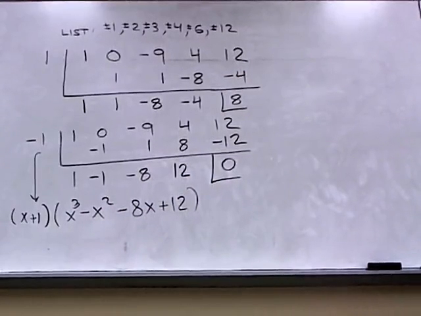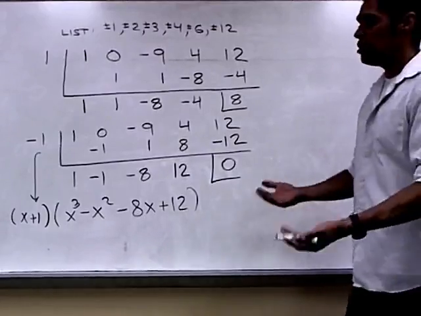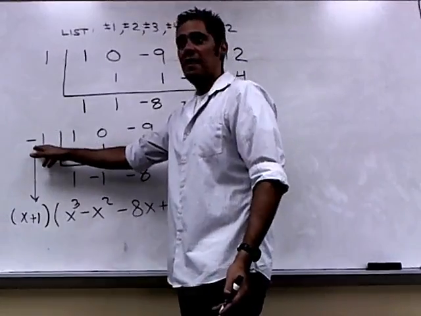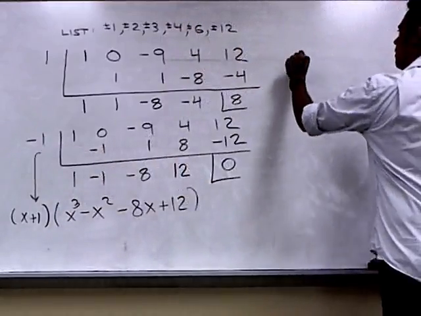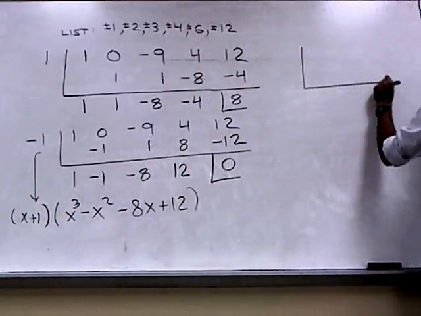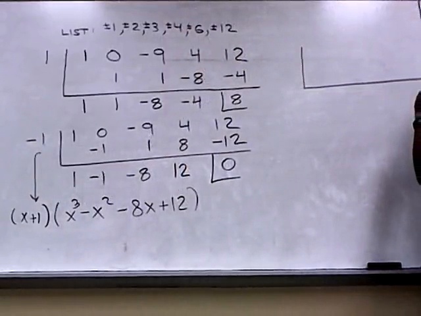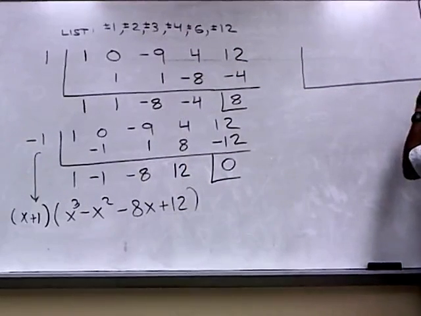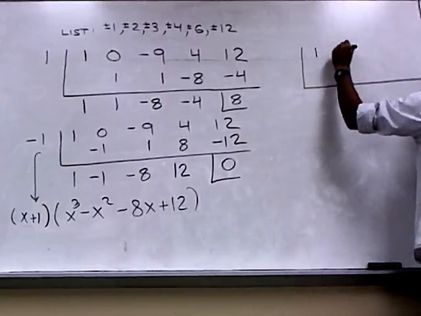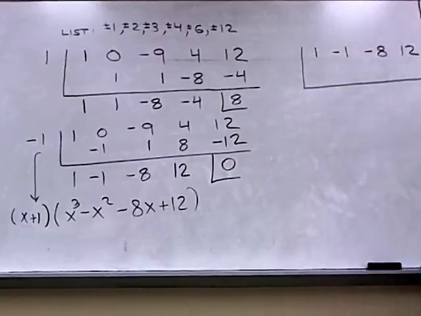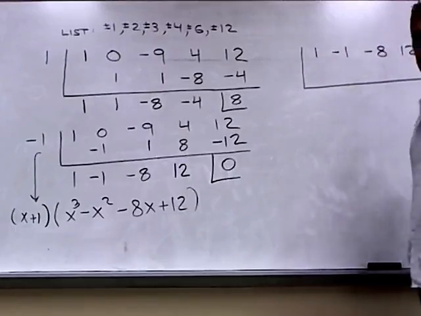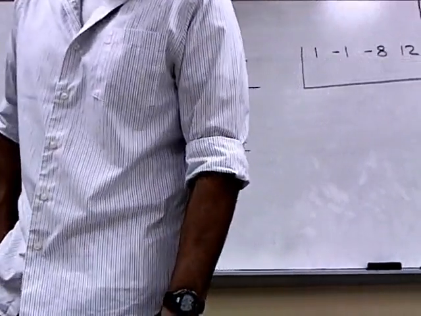So what I'm going to do is continue synthetic division. I'm going to continue in my list, and I should continue with the -1. Even though it worked, I want to try it again. So I'm going to do a new synthetic division, but I'm working with what numbers instead? 1, -1, -8, and 12. -1's not going to work, okay?